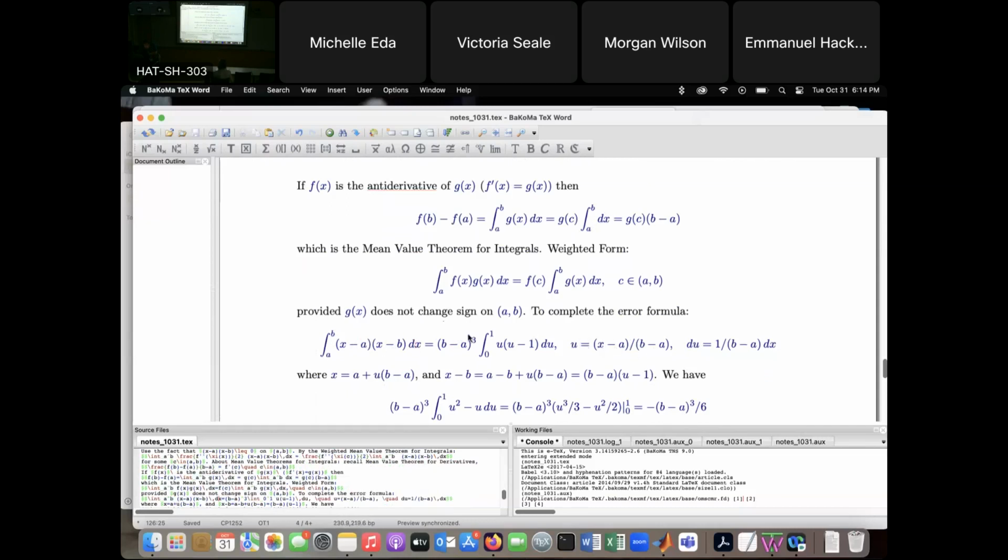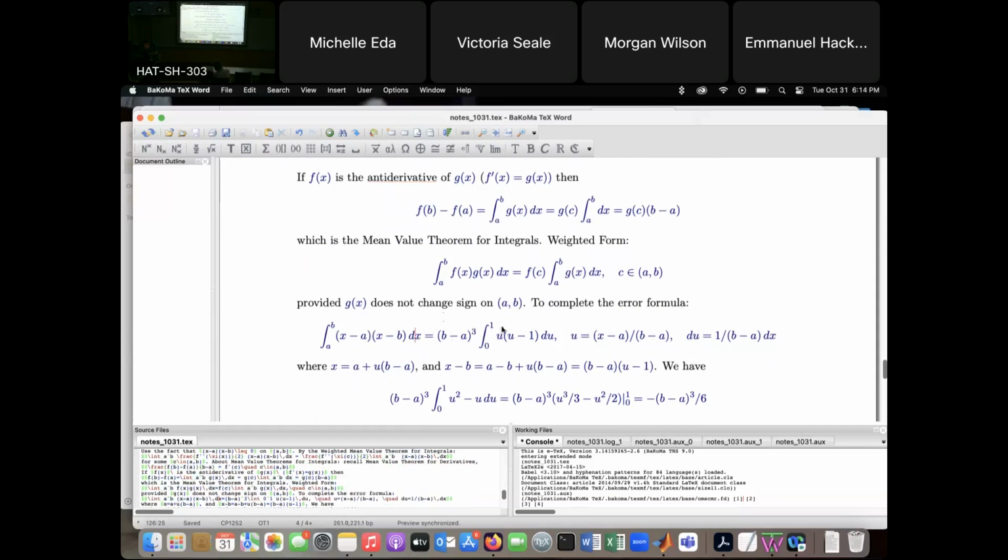That maps the interval [a, b] to the interval 0 to 1. So now we have this integral to evaluate that has this factor outside of (b minus a) cubed. Then I evaluate that, and the final result is minus (b minus a) cubed over 6.